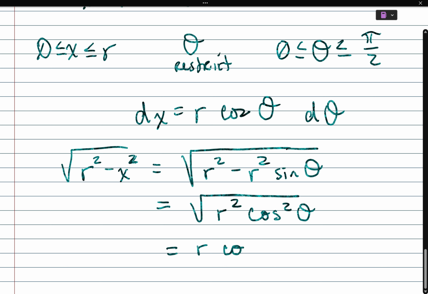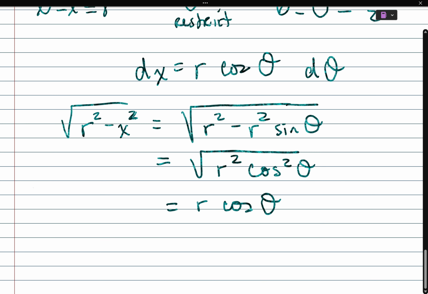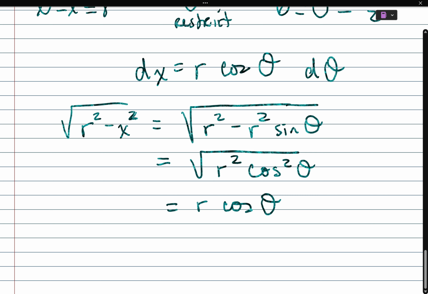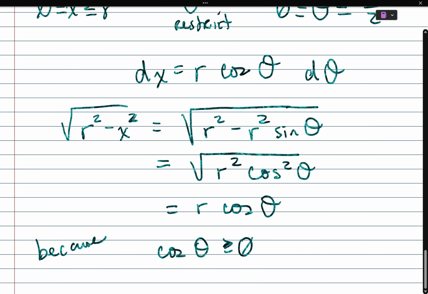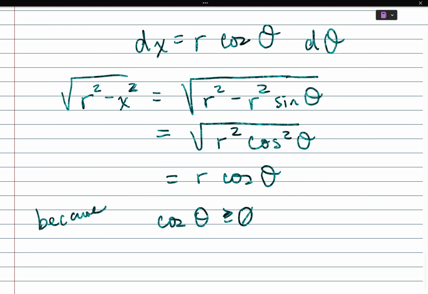So this is going to equal r cosine theta, taking the square root of it, because cosine theta is greater than or equal to 0 when theta is between 0 and pi over 2.